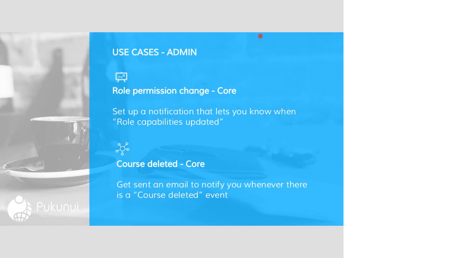You know, some of our Moodle sites have probably got far too many people as site administrators, and if just one of those people changes something like a capability in a role, it could have a real knock-on effect for, well, thousands of users on the site. So that would be quite a useful thing to receive an email about if there's been a change.